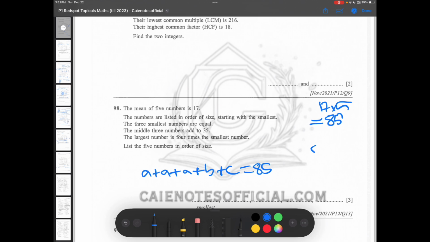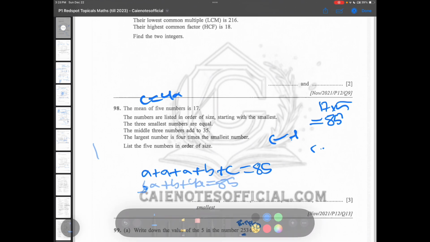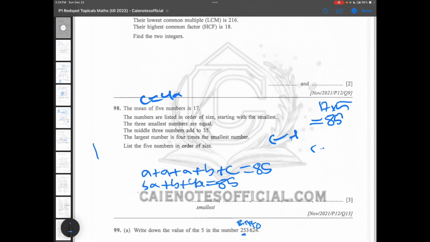So the last number is 4 times the smallest number. It means C is equal to 4A. There is one more piece of information given to us: the middle three numbers add to 35.